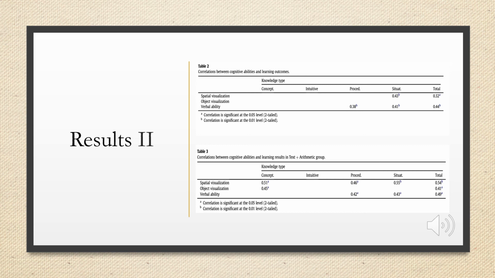It only showed correlations in the verbal introduction condition, not in the visual introduction condition. Spatial visualization had positive relations with the conceptual, procedural, and situational knowledge, and object visualization had positive relations with the conceptual knowledge. Verbal ability had positive relations with the procedural and situational knowledge.